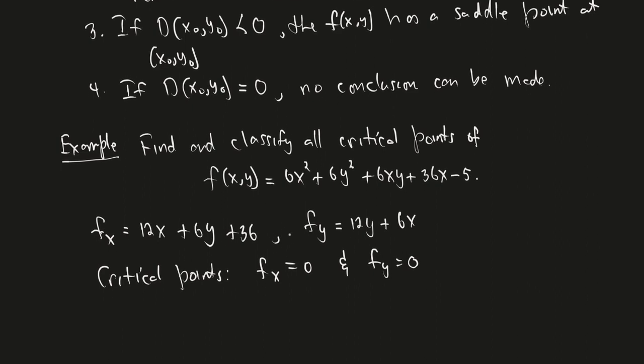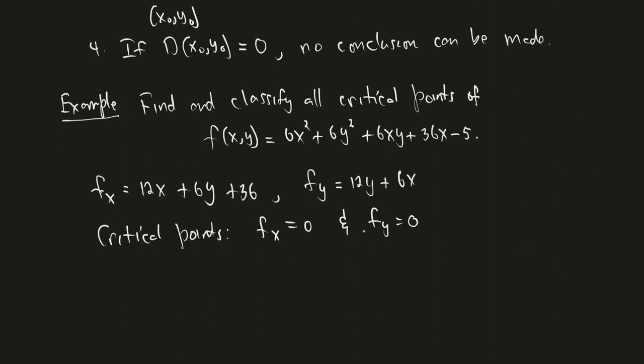So the only way you can have a critical point is if they're simultaneously equal to 0. So what that means is we actually get a system of equations to solve, right? Because now we're going to be solving for an ordered pair or several ordered pairs depending on the surface. So 12x plus 6y plus 36 has to be equal to 0, and then our 12y plus 6x has to be equal to 0. Now, we have lots of ways of solving linear systems.